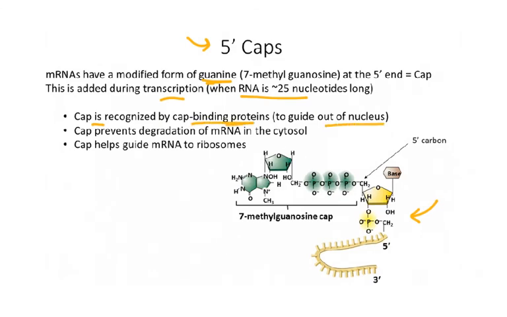Studies have shown that if it doesn't have this cap, the RNA rarely leaves the nucleus. The cap also prevents degradation of the mRNA out in the cytosol. The RNA is not very stable, but the cap helps its stability and helps it get out of the nucleus, remain stable, and then get to the ribosomes where it can be translated.